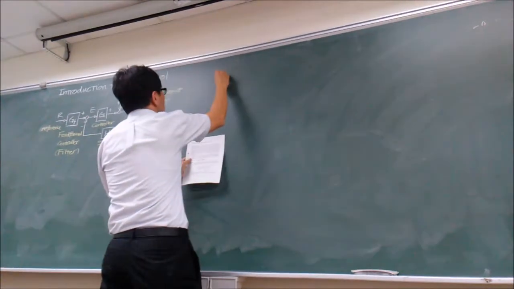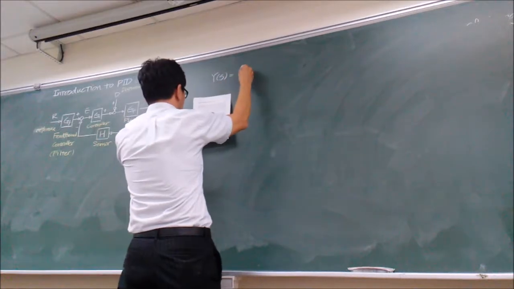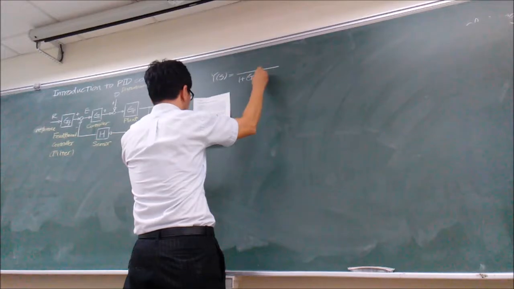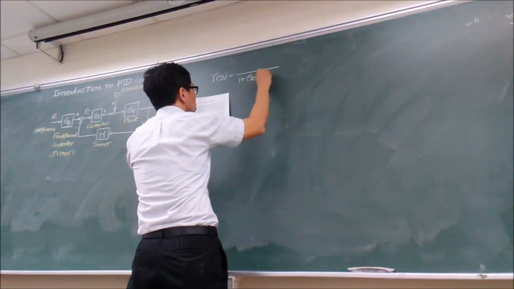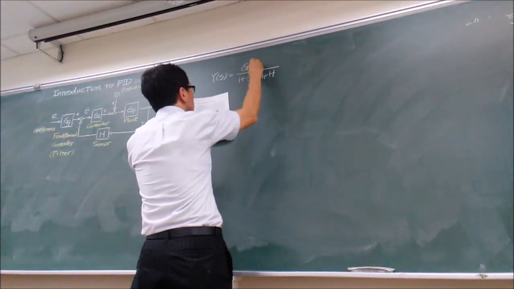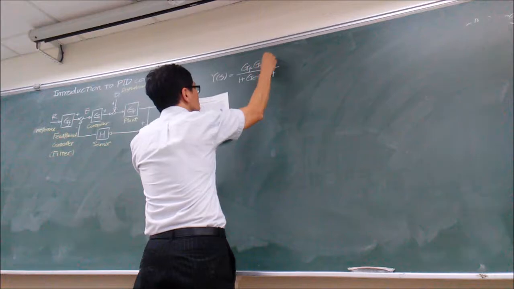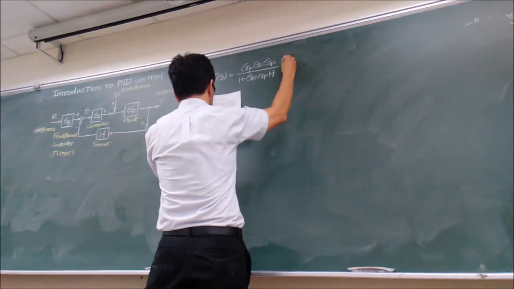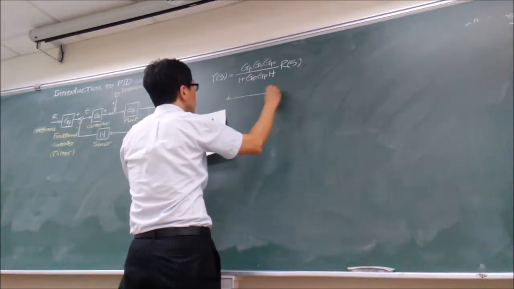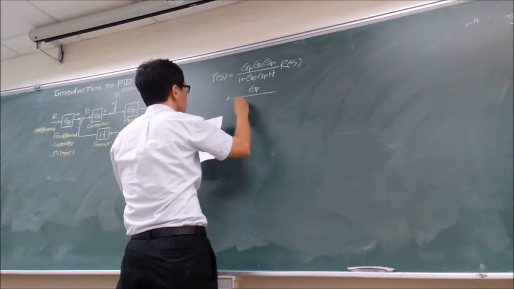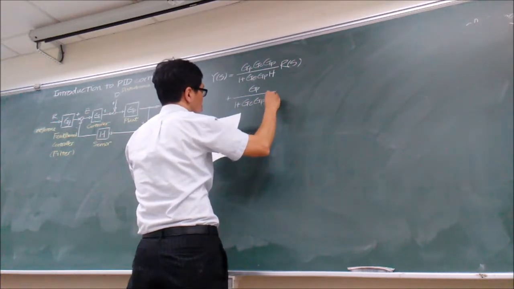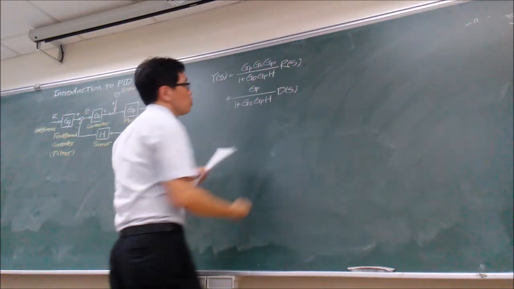So my Y of s is going to be 1 plus GP R of s plus... So far, nothing fancy.